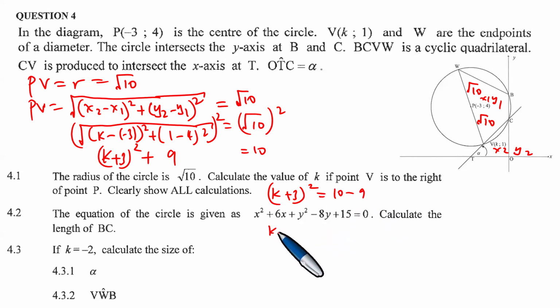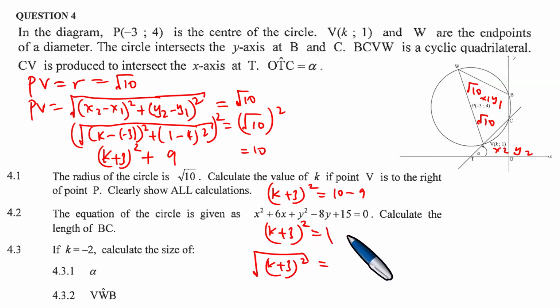What is 10 minus 9? 10 minus 9 is 1. You square root both sides. If you square root both sides, what are you able to achieve? When you square root both sides, you put plus or minus the square root of 1, so that you have k plus 3, which is plus or minus 1.